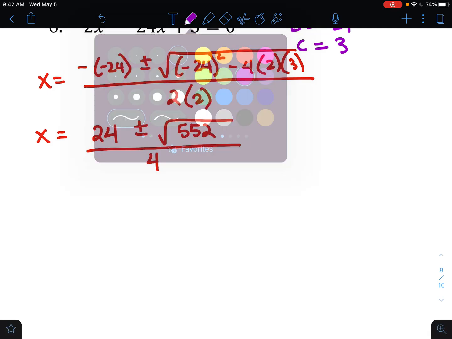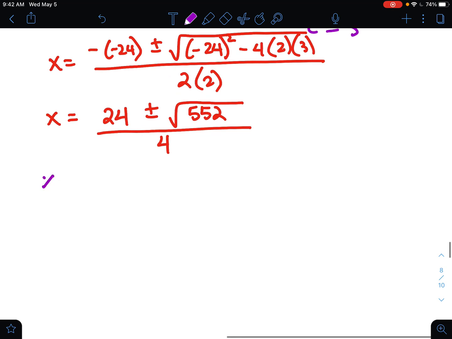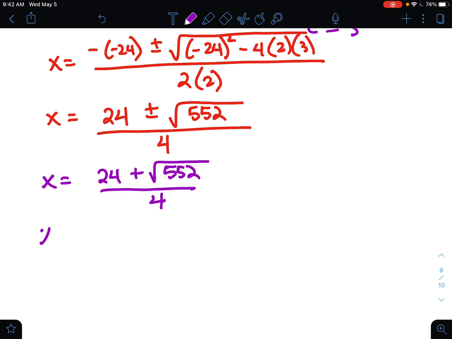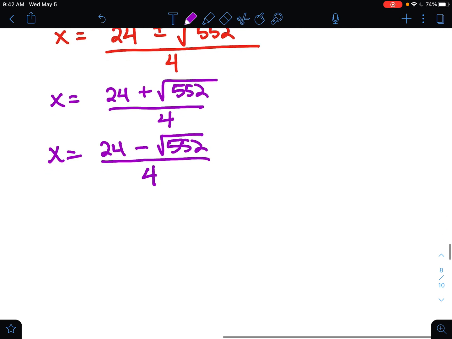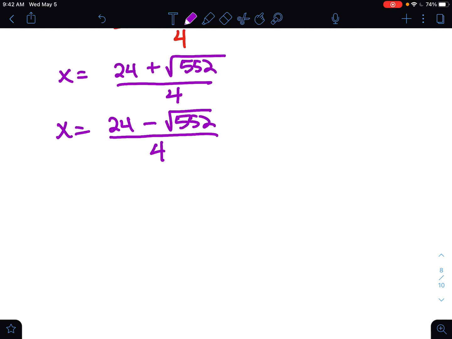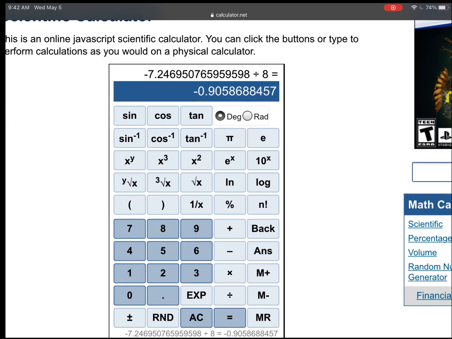So let me write the two calculations we're going to do. We're going to take 24 and add the square root of 552 and then divide it by 4. Then we're going to go back and take 24 minus the square root of 552. Okay, because you're taking care of the plus or minus. Okay, let me switch over to my calculator.